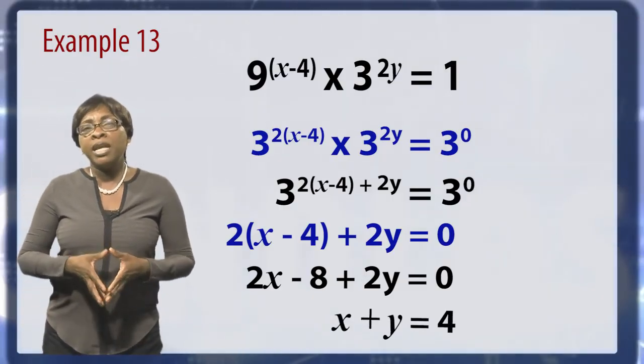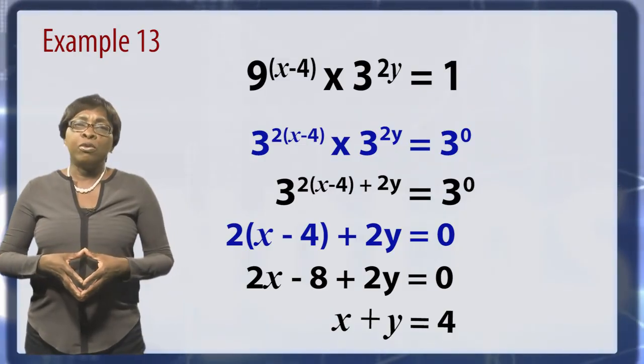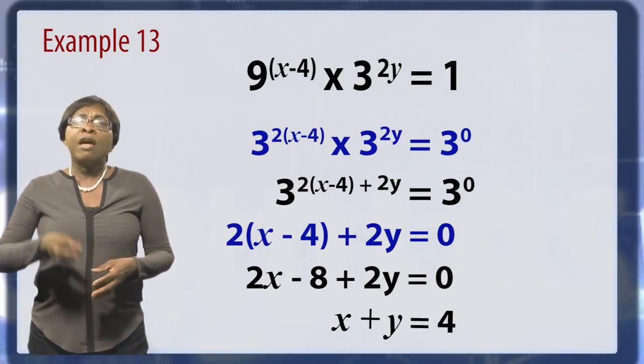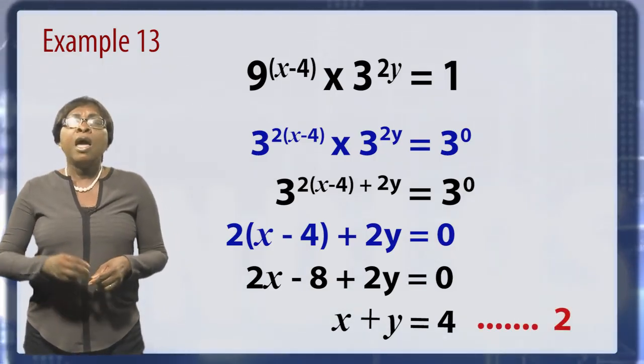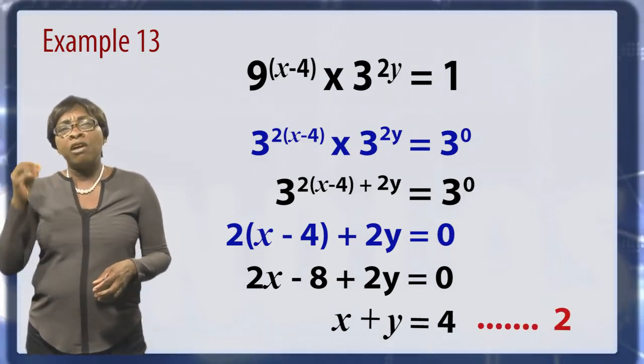And when we do that, we get x plus y is equal to 4. Now that is going to be our second equation. Now these two equations both have x and y. The only way you can find x and y with two equations is by using simultaneous equations.